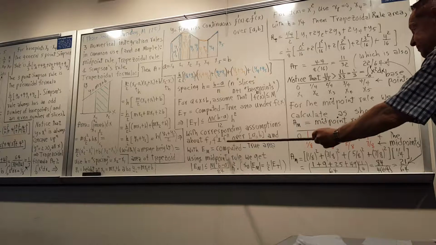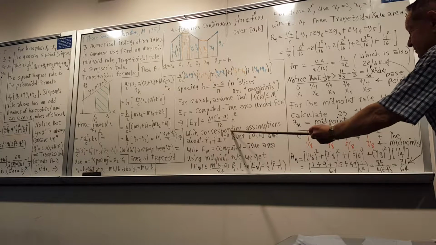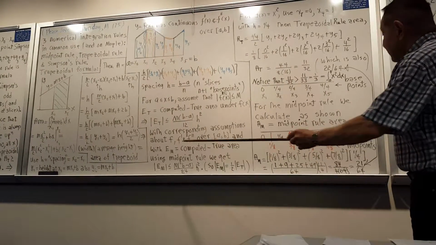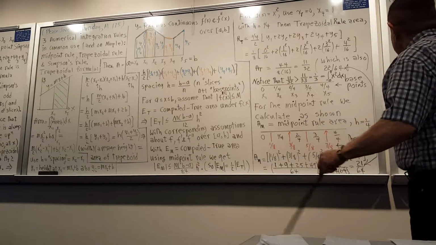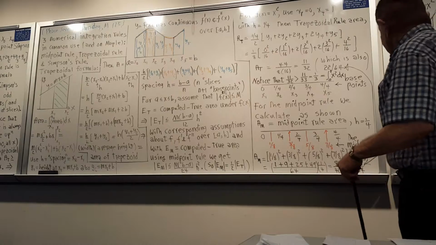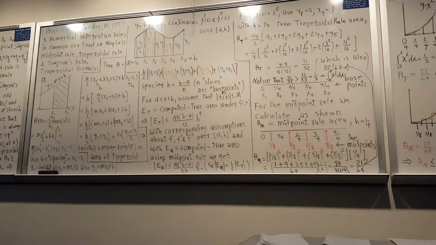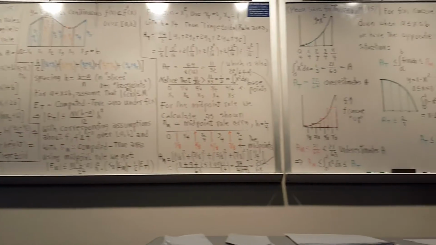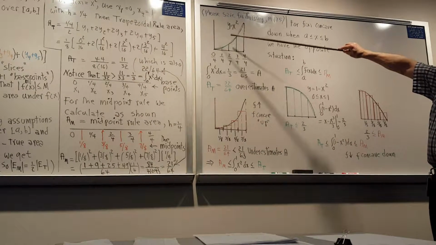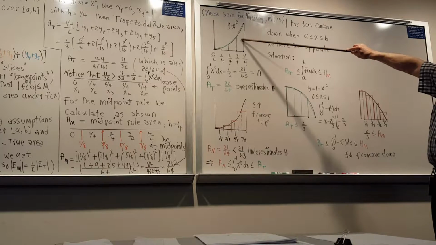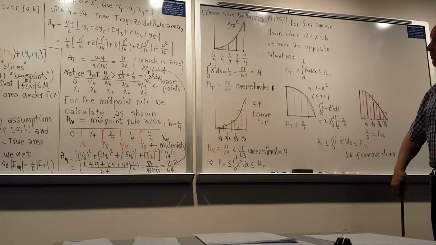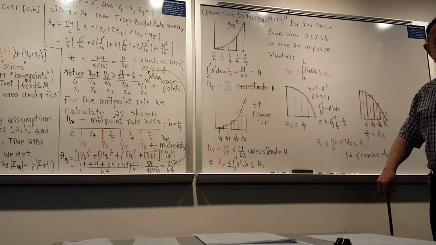So there is also the midpoint rule and the error in the midpoint rule. So pictures with midpoint rule, for example, you could look over here, you could look at y equals x squared, and of course there's no reason to do the area under x squared numerically, because you can do the integral.